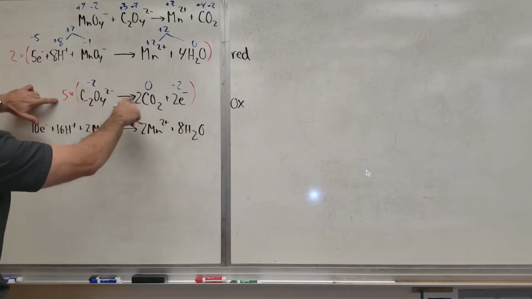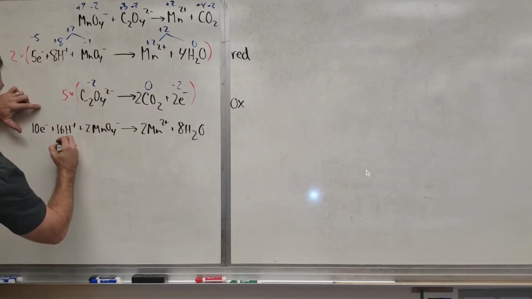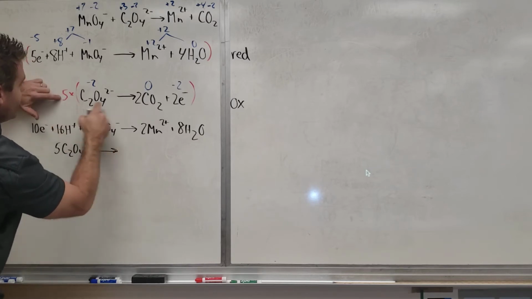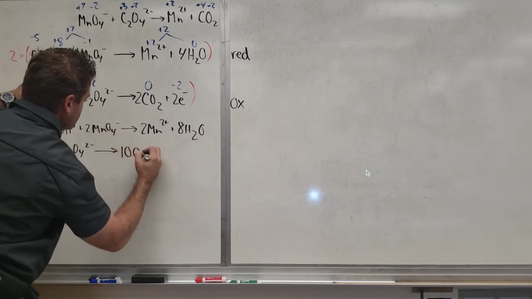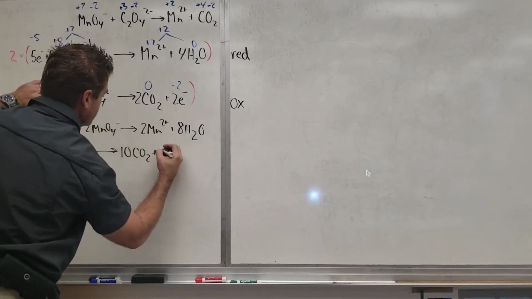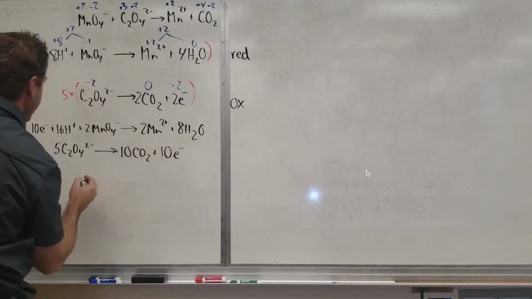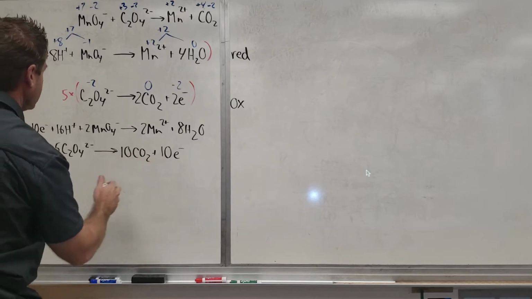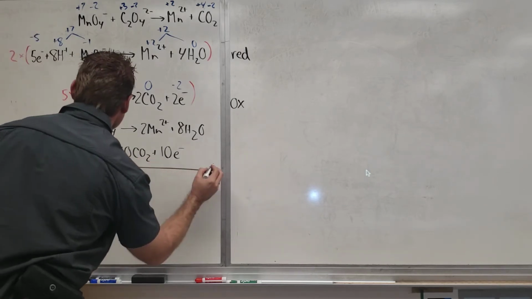And then on this one I'm going to multiply by 5. So I got 5 C2O4s, 5 times 2 is 10 CO2s, and 5 times 2 is 10 electrons. Now look, 10 electrons gained, 10 electrons lost.